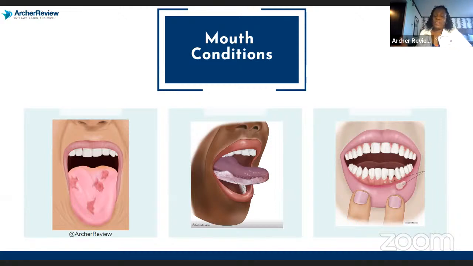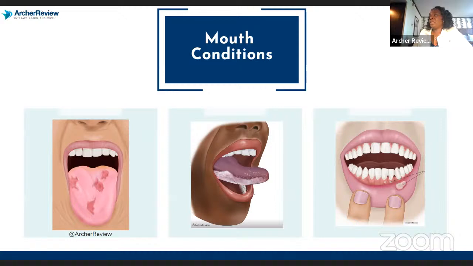If you can identify that's what you believe it is, then I would refer them straight to oncology.